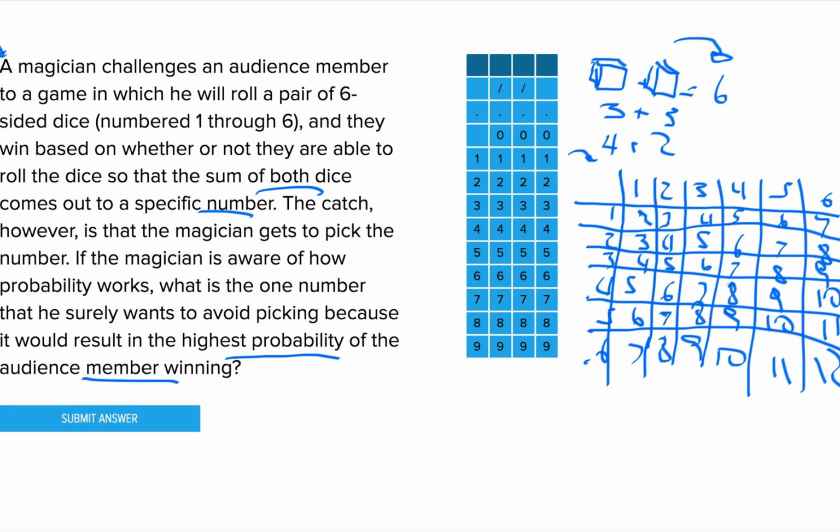Now that we have it like this, we can go ahead and see which number of all of these shows up the most. So we see here that if we go across, 7 shows up 1, 2, 3, 4, 5, 6 times.